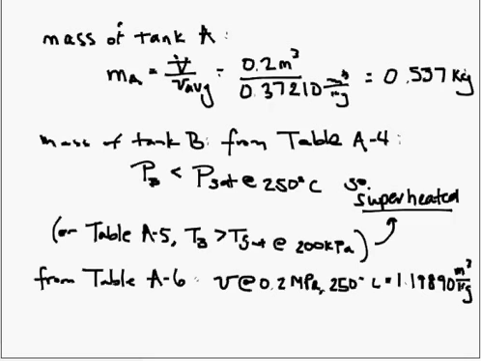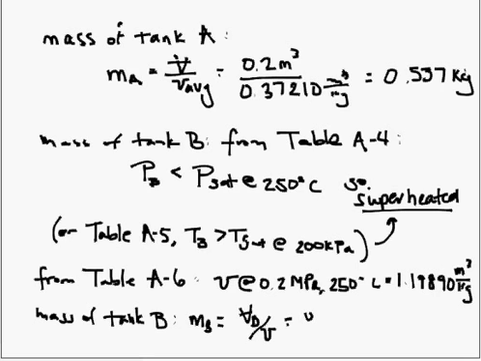Okay, now we can find the mass of tank B. Same way we did for A. We're going to say MB equals the volume of B over v.